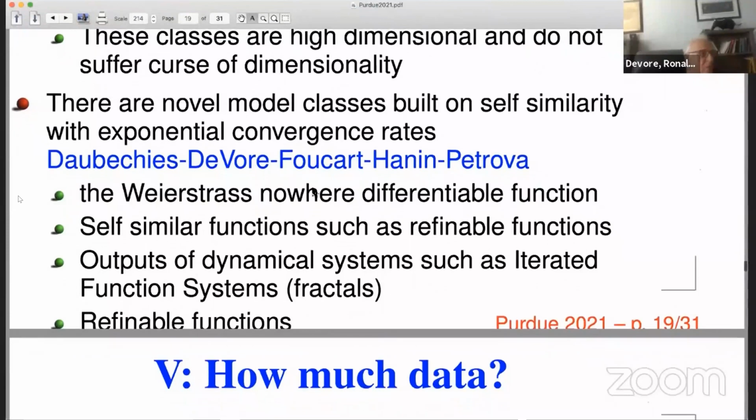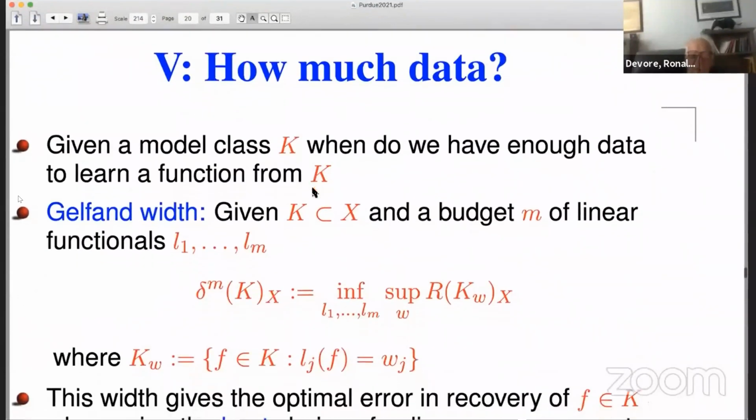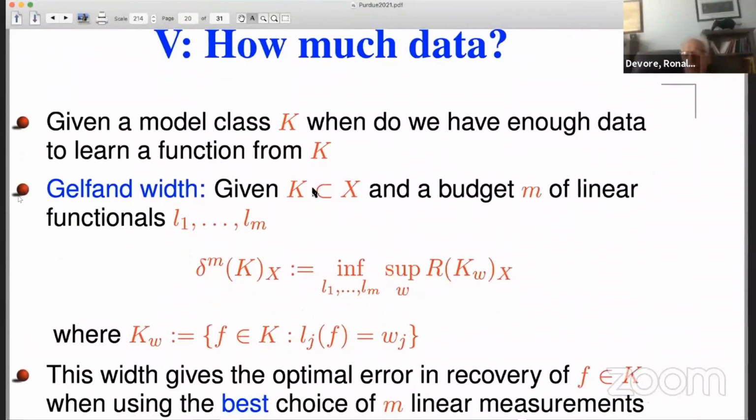Okay, so let me now talk a bit about data. One question you could ask is, how do I know I have enough data? Of course, in many of the modern applications, they have a humongous amount of data, and so they may say that's not an issue for us.